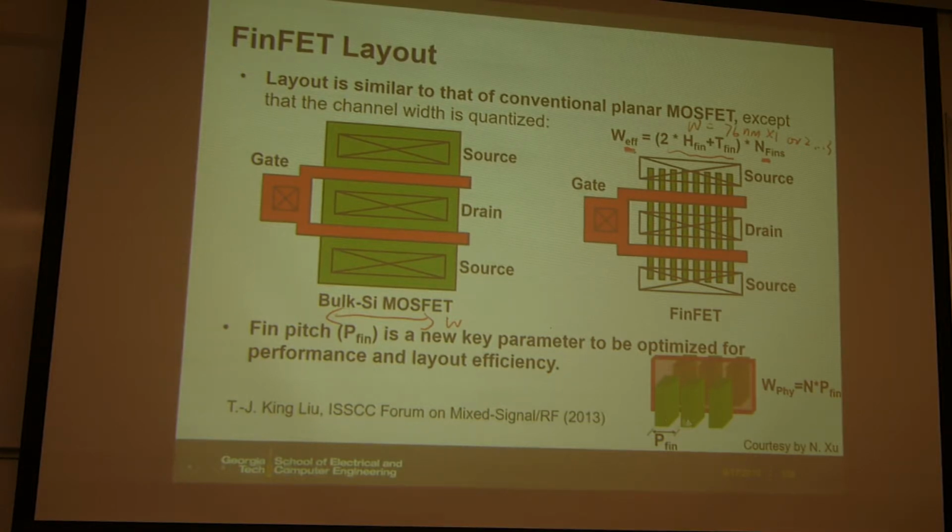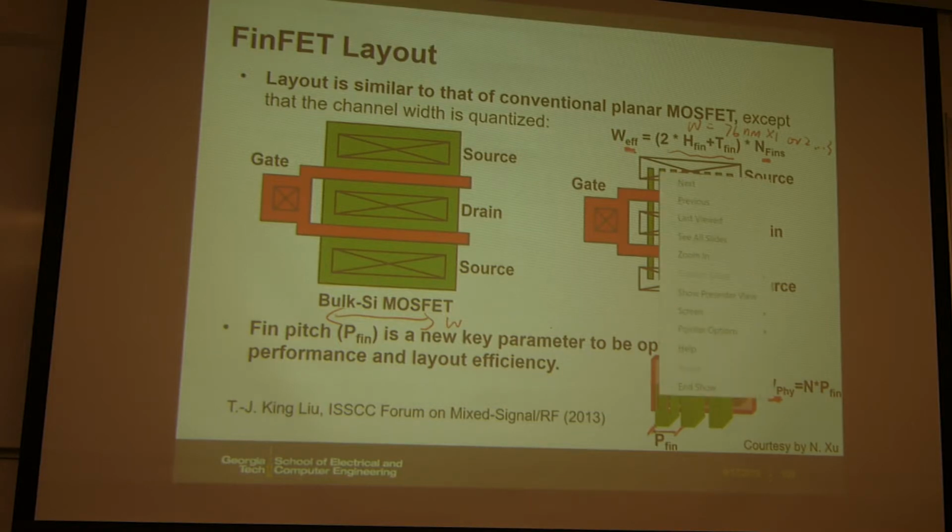However, if you look at the physical footprint, there's another W you want to pay attention to. This W is the actual physical fin-to-fin pitch. So this P fin is the pitch from one fin to another fin. This pitch is different from this electrical W, right?